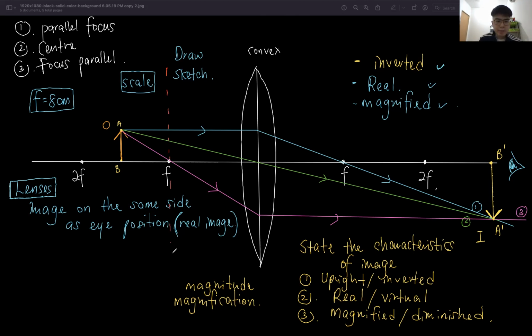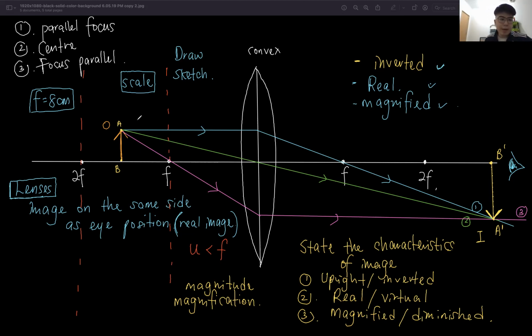On the left hand, the region closest to the lens, the region between the F and the lens, this region here, I will call it U smaller than F. F is focal length. What is U? U is the distance of the object from the lens.